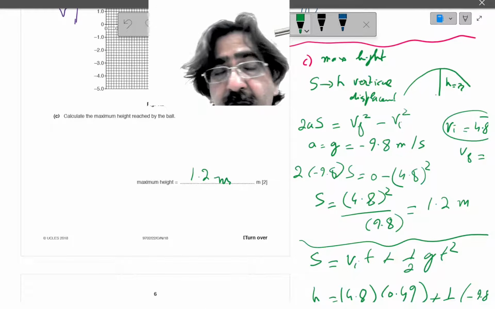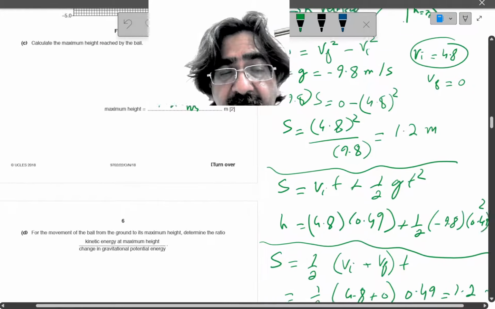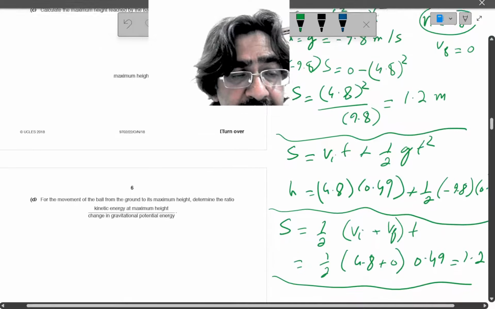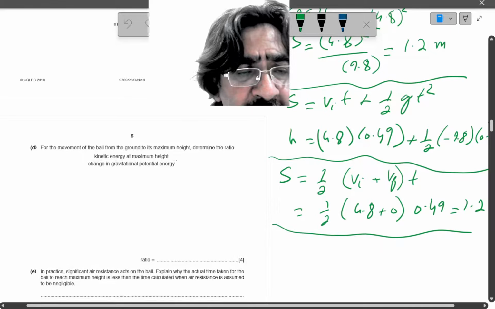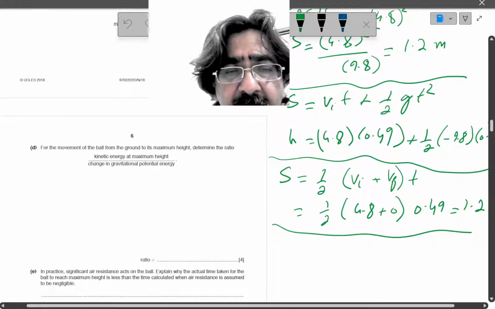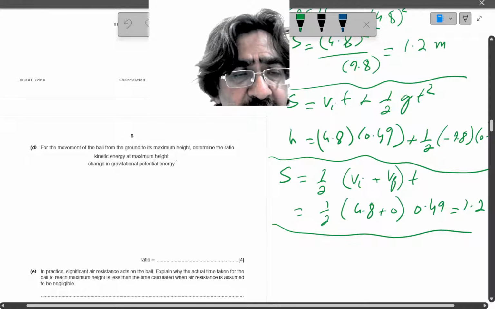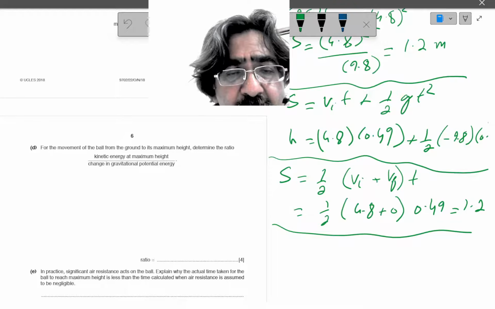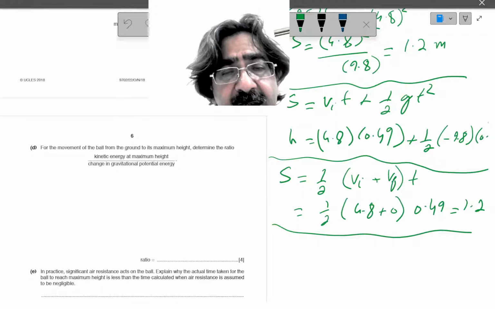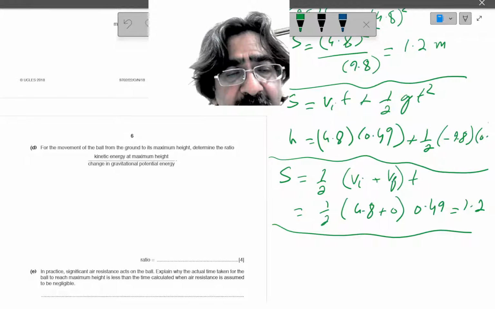Okay, so the next question is part B. What is the movement of the ball from the ground to maximum height? Determine the ratio of kinetic energy to potential energy at maximum height.